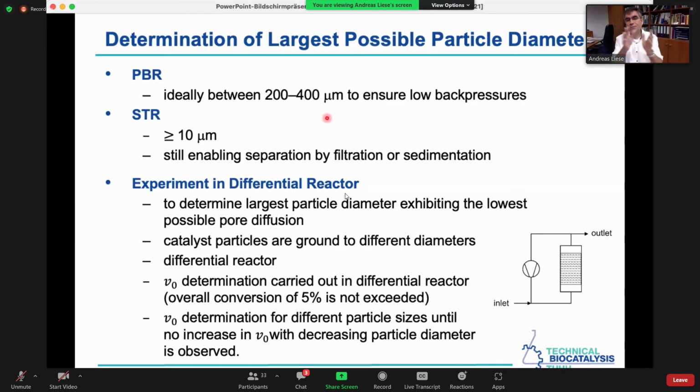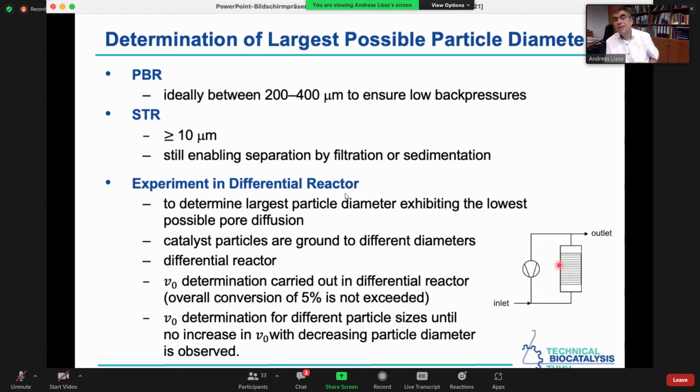So you get different fractions of different particle sizes. Now, you always pick one size of particle in such a differentially operated circulation loop reactor, and then you determine the initial rate of the performance of the particle in this reactor.